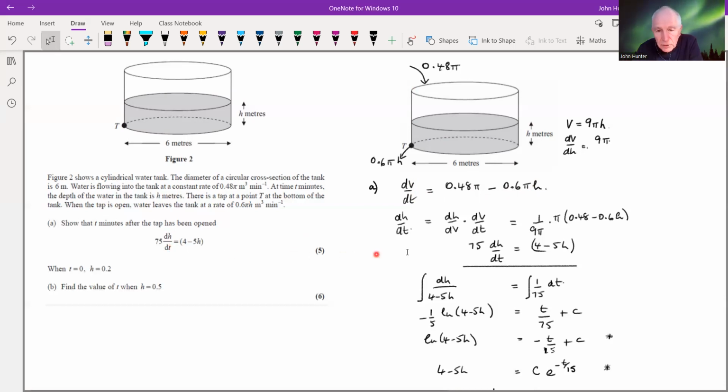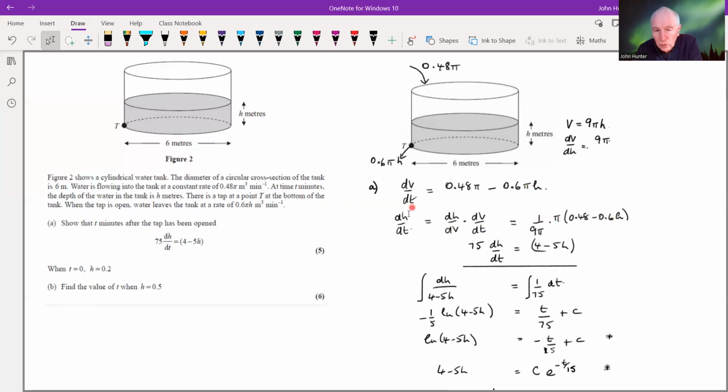So what would that be if we expand that out into two derivatives? Yeah, dh/dV times dV/dt. That's kind of working the chain rule backwards, I suppose. We know dV/dh is 9 pi, so we know that dh/dV is 1 over 9 pi. dV/dt is this expression here, factorized out pi here.